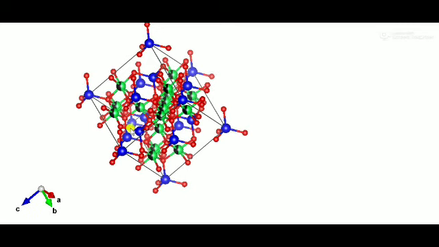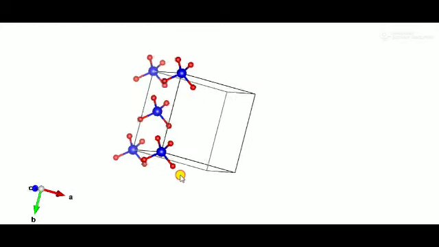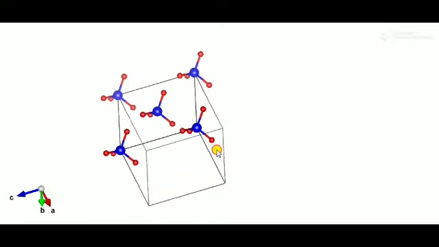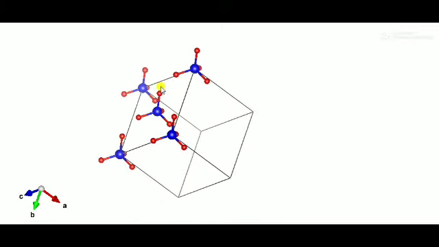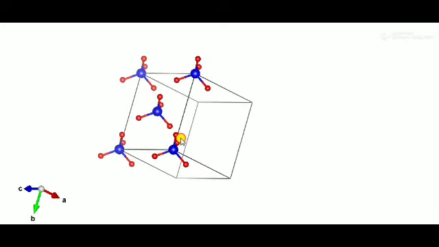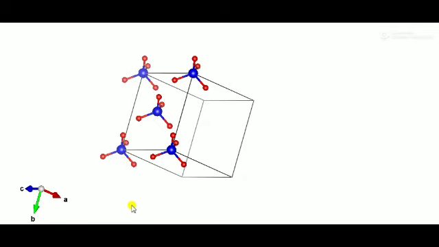Okay, now if I remove all the tetrahedrals and octahedrals, just put 1, 2 and 3 here, then it will look very clearly visible like this one. Okay, so this is actually one face of the cubic. This is corner. Now let me show how this tetrahedral geometry is connected to the octahedral geometry.